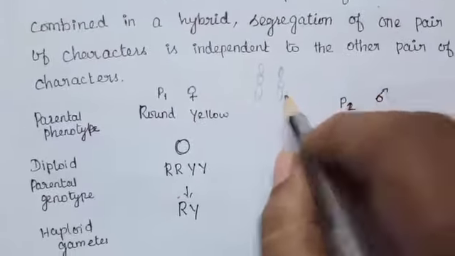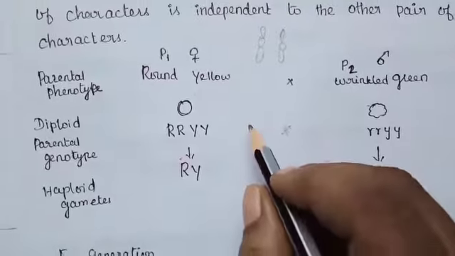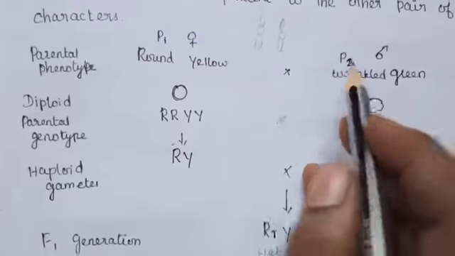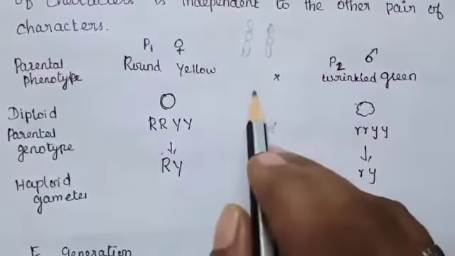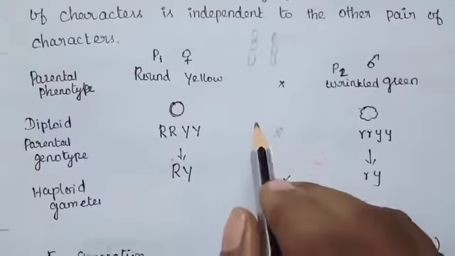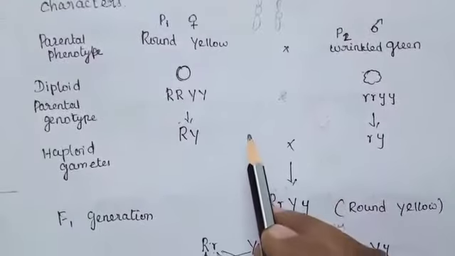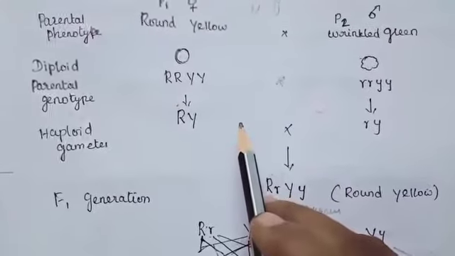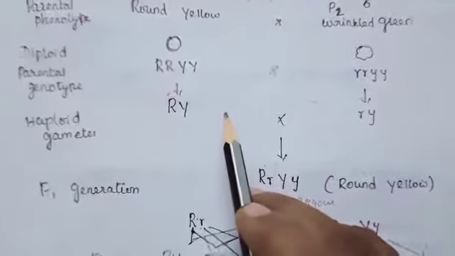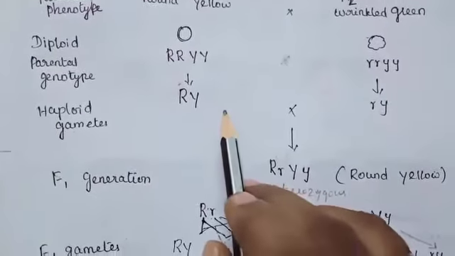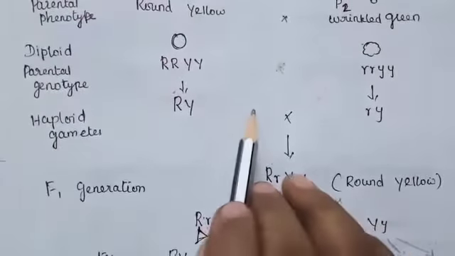Through independent assortment, the maternal and paternal characters are distributed to the gametes. So all chromosomal combinations are produced, leading to genetic variation. In sexually reproducing plants, genetic variation takes place due to independent assortment. This is very important for evolution.